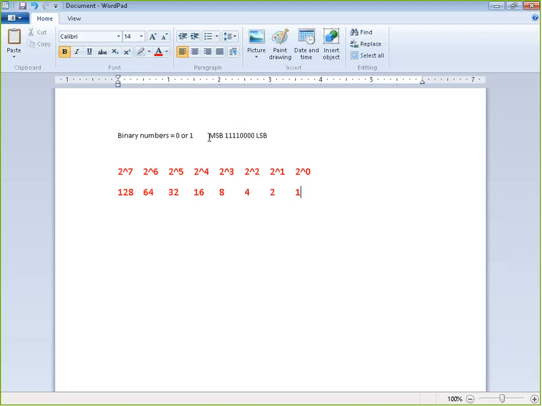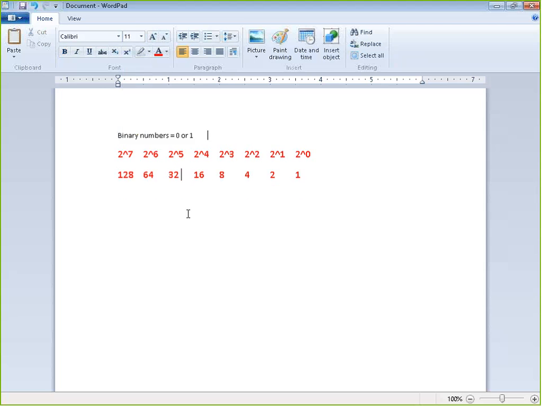So let's take our first example to understand this. The binary number that we are going to consider here would be just 1.